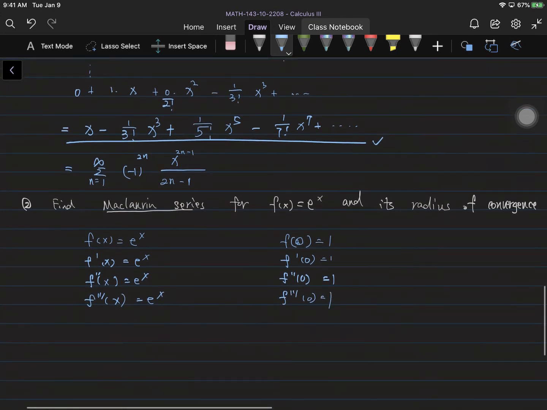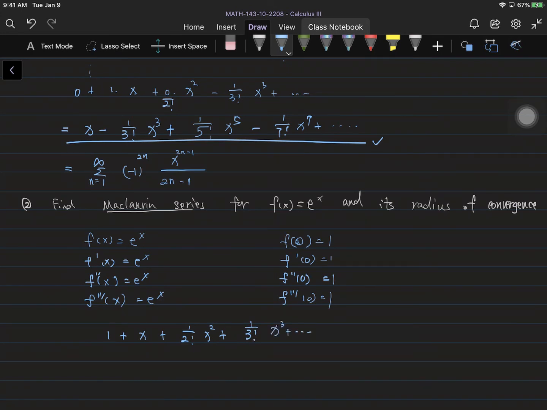So if you write down the Taylor series, the Taylor series is going to be f(0), so 1, plus 1 times x plus 1 over 2 factorial x squared, plus 1 over 3 factorial x cubed.